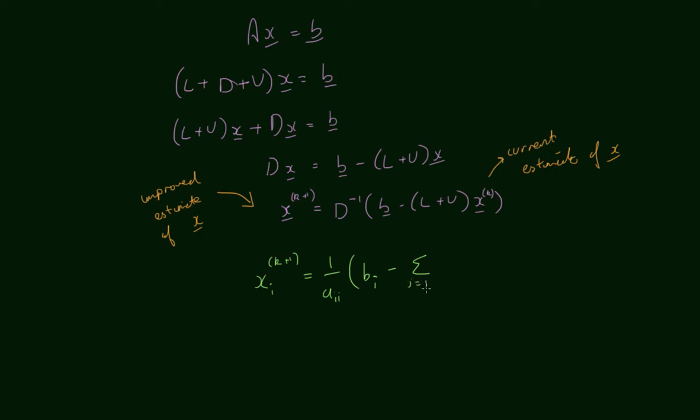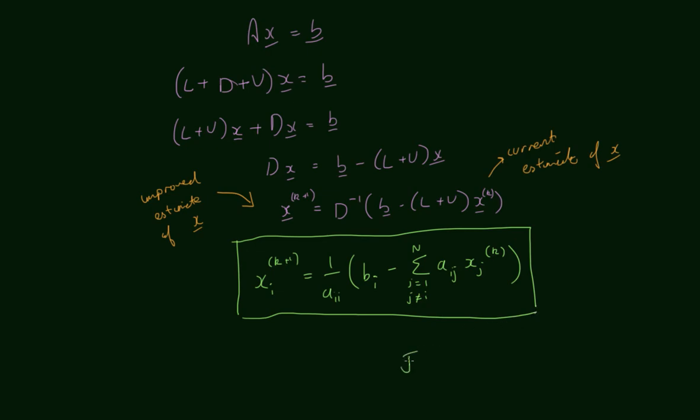The sum runs over j equals 1 to n, but j can't be equal to i, so we're not including i in our summation, and n is the number of equations in our system. That's multiplied by a_ij times x_j of the current estimate. This thing I'm boxing here is what's known as the Jacobi method for solving linear systems.